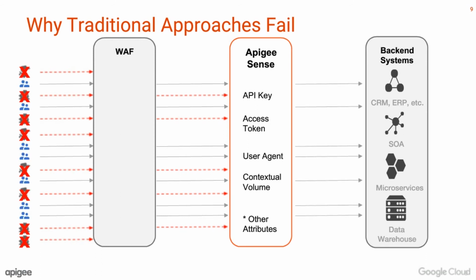And in addition, we are able to look at the behaviors that are API specific and say, not just blocking, for instance, a particular key, but if a particular key accesses many more resources than would be typical.